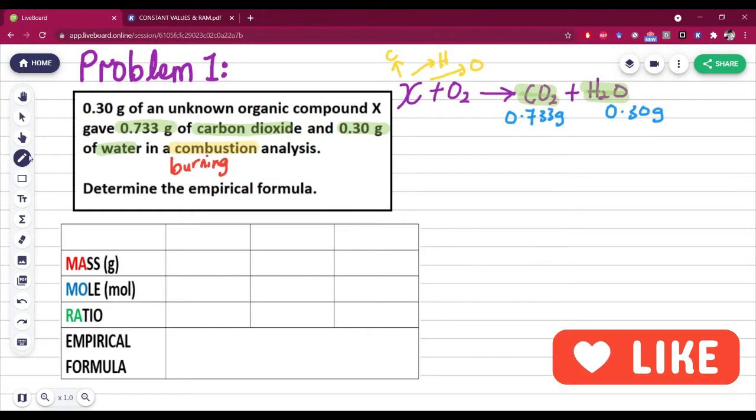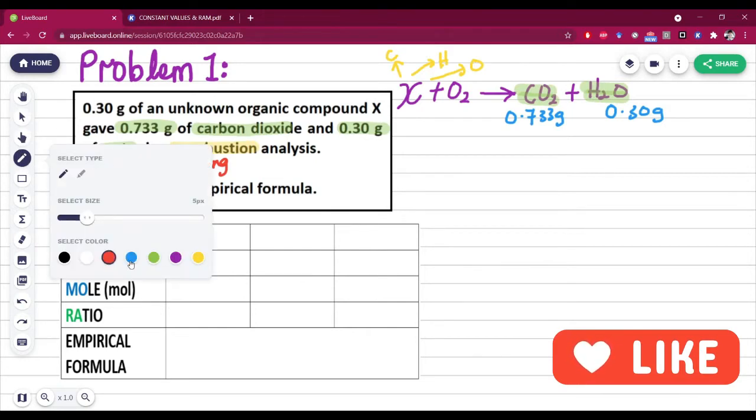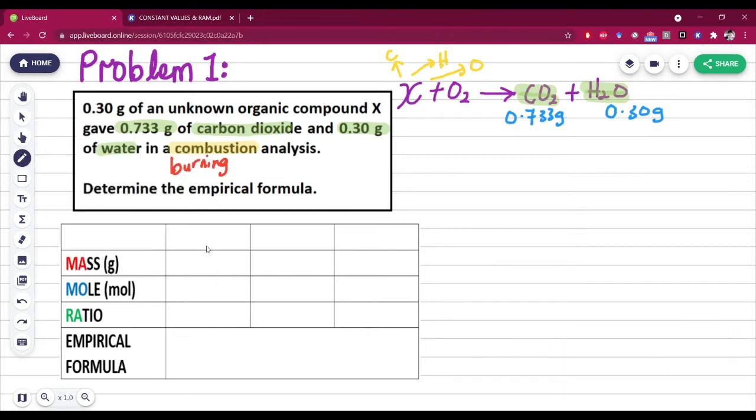We need to find out the mass of carbon, hydrogen, and oxygen. For each of the elements, we need to find that out. But the challenge here is that the question does not give you how much carbon, how much H, how much O is involved. But you can do that by looking at the information given.